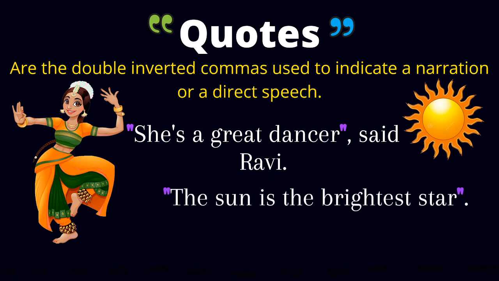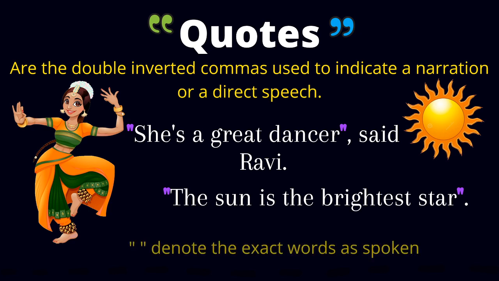The sun is the brightest star. It's a statement used in a quotation. Now the quotes are used to denote the statement. Inverted commas denote the exact words as spoken.